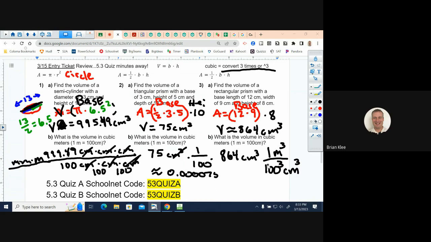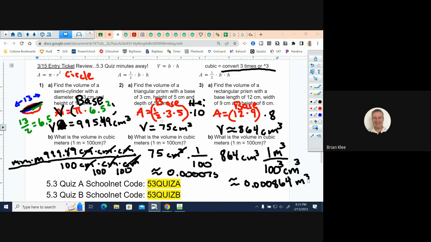And this time I'm just going to do 864 divided by 100 divided by 100 divided by 100. And once again, we get a quite small number, 0.000864. I apologize about that.